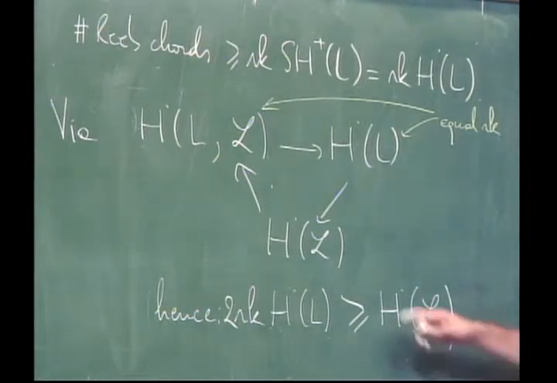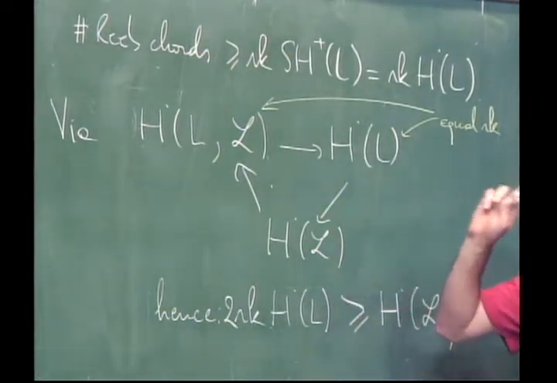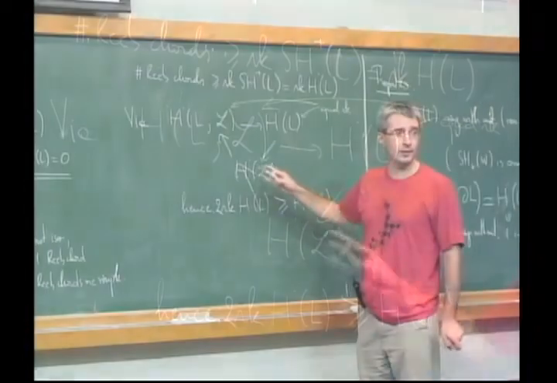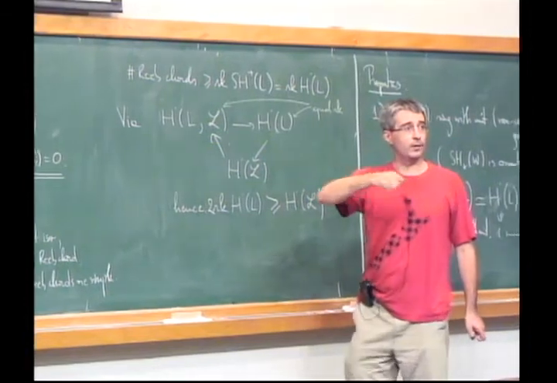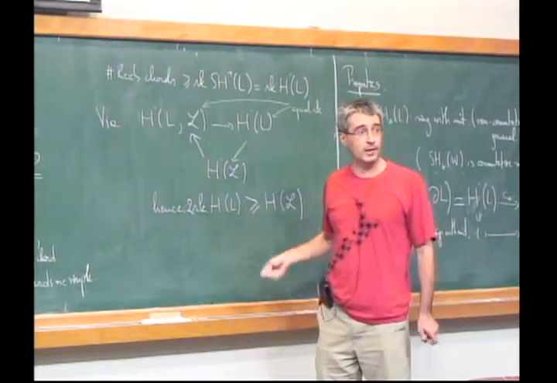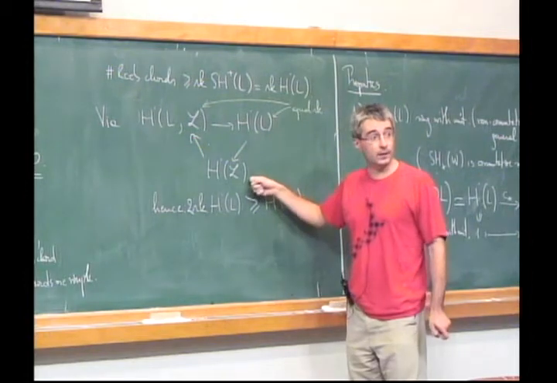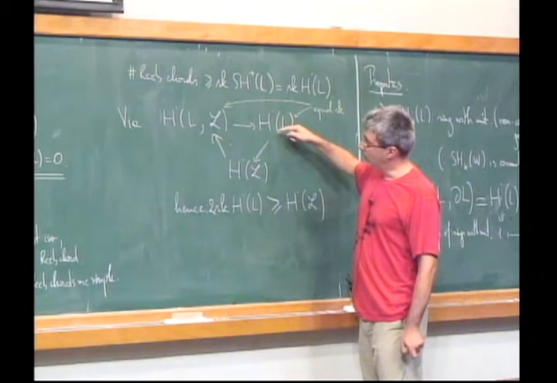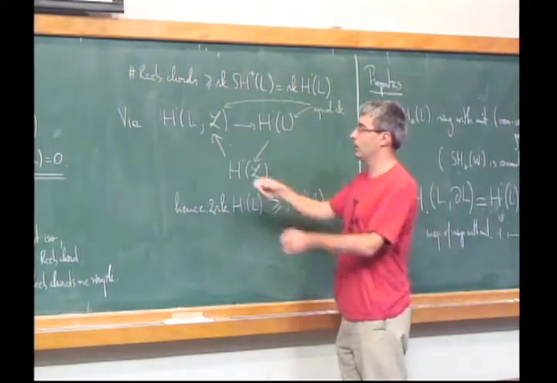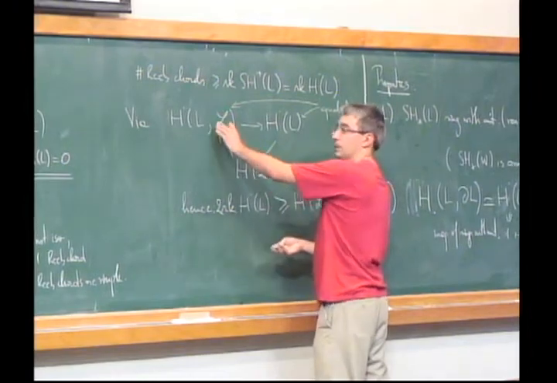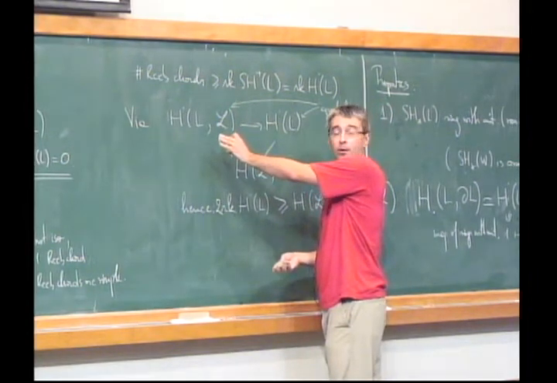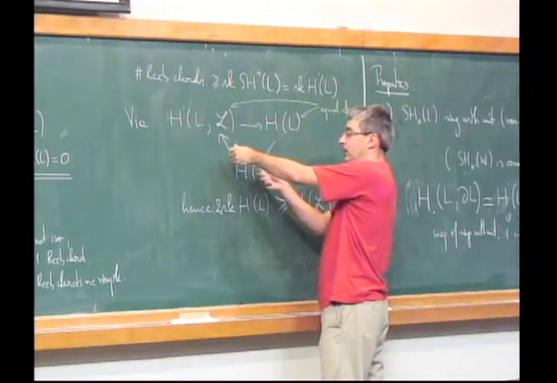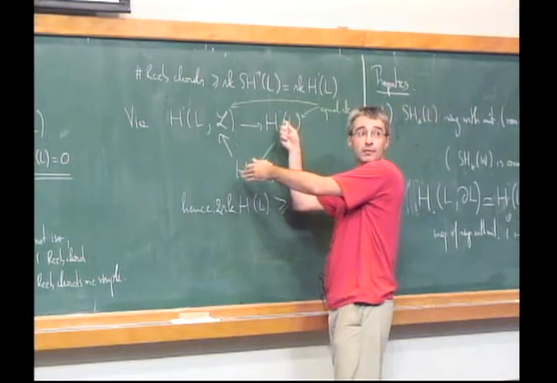Right. So indeed, we don't think about the Euler characteristic of this thing, that the alternating sum of the ranks is equal to 0 for a long exact sequence. We just look at this point in the long exact sequence, and because of exactness here, the kernel of this, so the rank of this guy, is bigger than the image of this map, right? On the other hand, the image of this map is going to have rank equal to this guy minus the kernel, but the kernel is the image of this map.